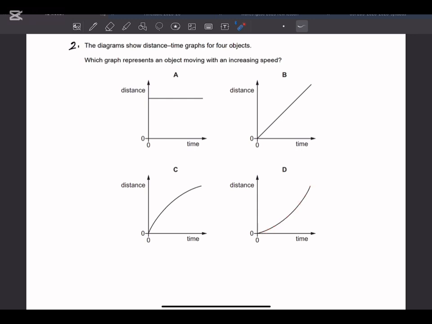As you know, the gradient is nothing but the speed, so here we are dealing with a body which is moving with increasing speed. So simply the answer is D. I hope the point is clear.